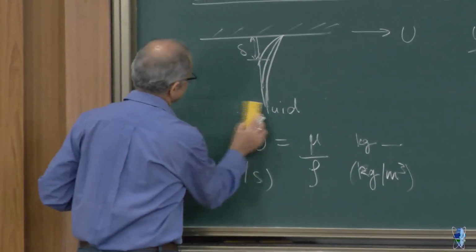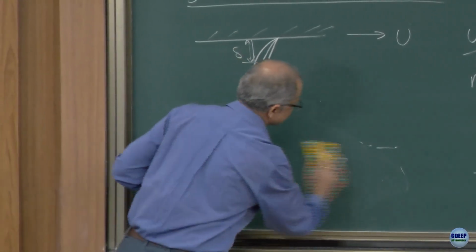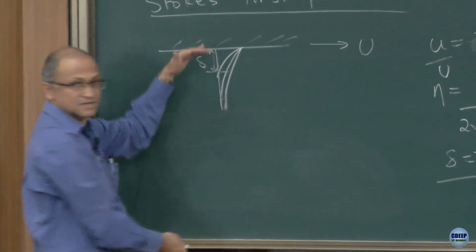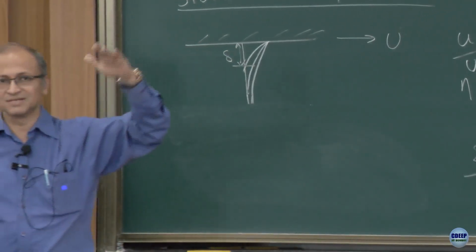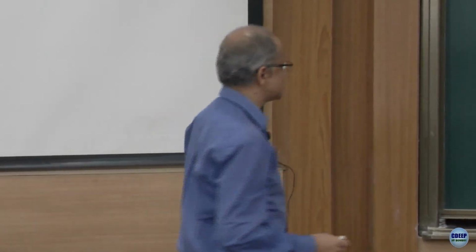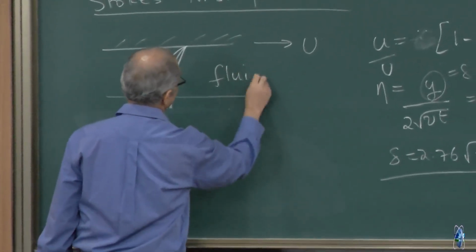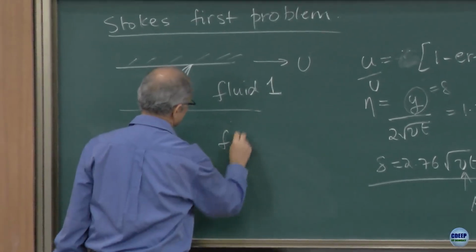So let us say I look at this problem. The good thing is that this is infinite depth, so that means that there is no length scale now. Now, how do I impose a length scale? I would say that there is fluid 1 here, and there is fluid 2 here.